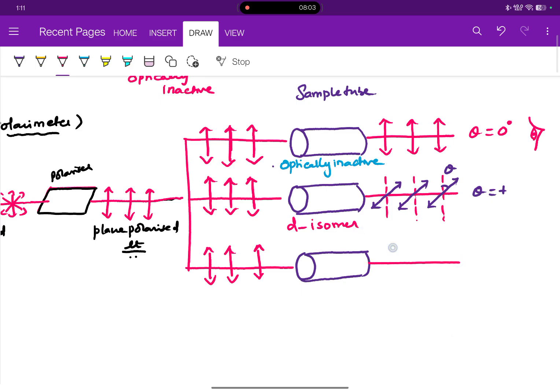If the same light with respect to the reference gets rotated towards the left-hand side like this, it is theta again, where theta is negative. Here it is positive. So such an isomer is called an L isomer. Dextro-rotatory, levo-rotatory.